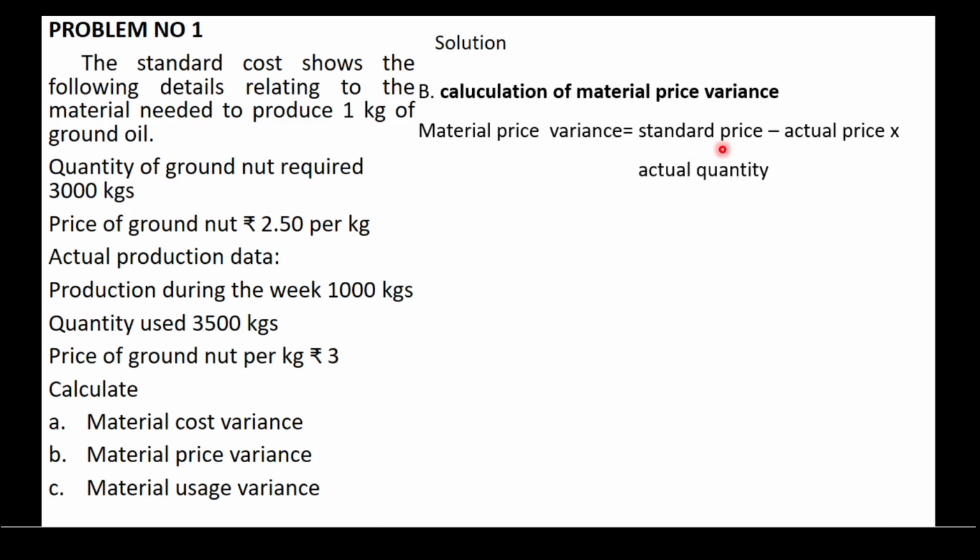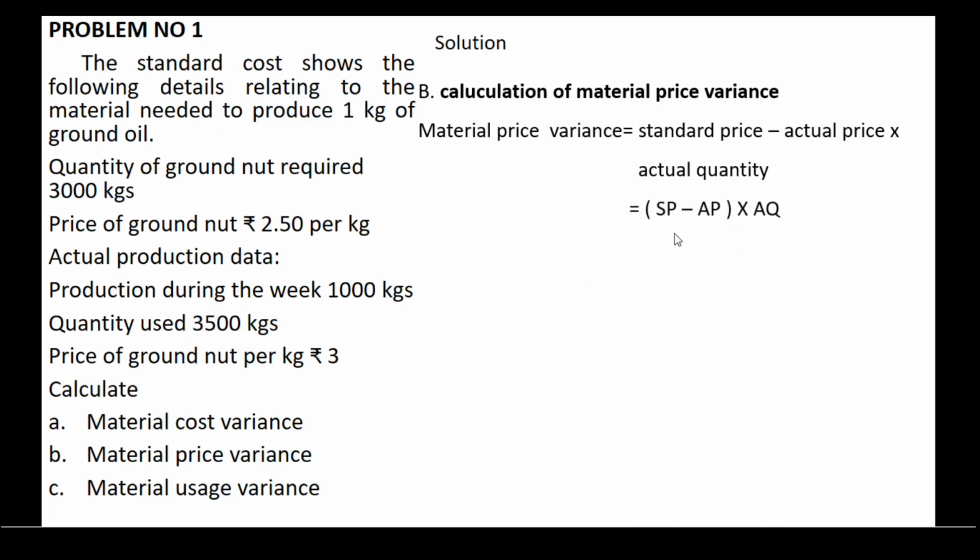Here the standard price is rupees 2.50, the actual price is rupees 3, and the actual quantity is 3500. Using this information, we now calculate the material price variance.